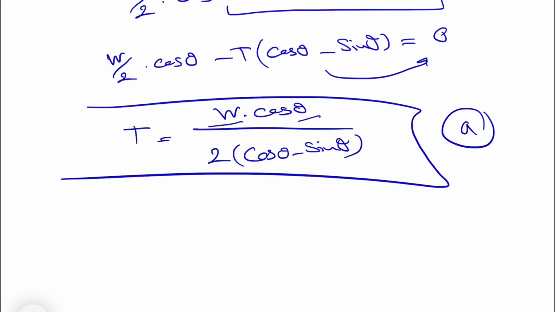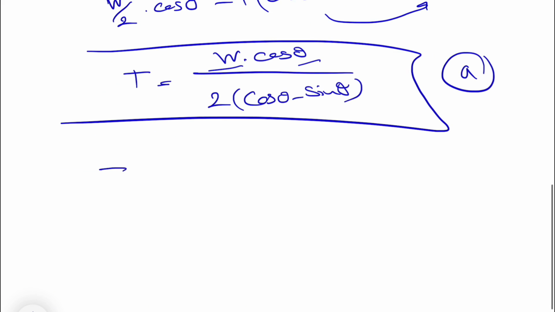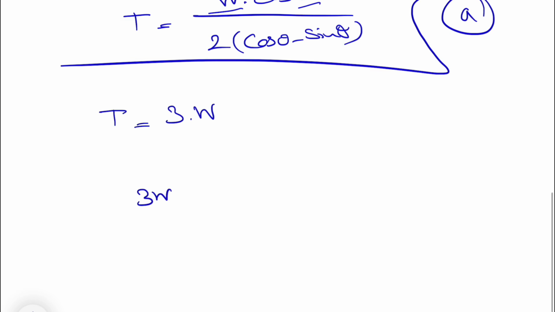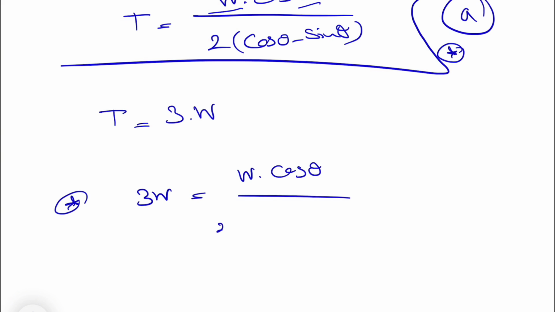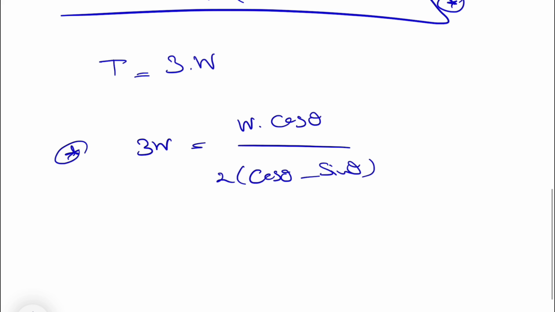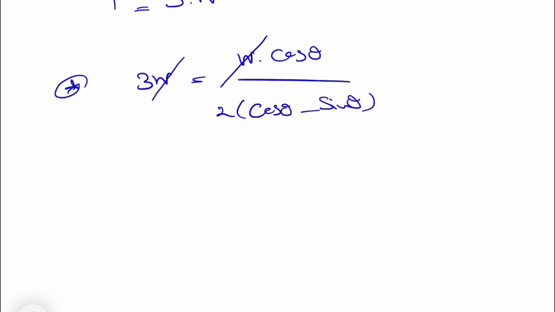In part B of the question, we just need to consider T equals 3 times the weight. Using what we found here, we have 3W equal to W times cosine of theta divided by 2 times cosine of theta minus sine of theta. From here we can cancel out W on each side, and what we'll end up having is 6 times cosine of theta minus sine of theta is equal to cosine of theta.